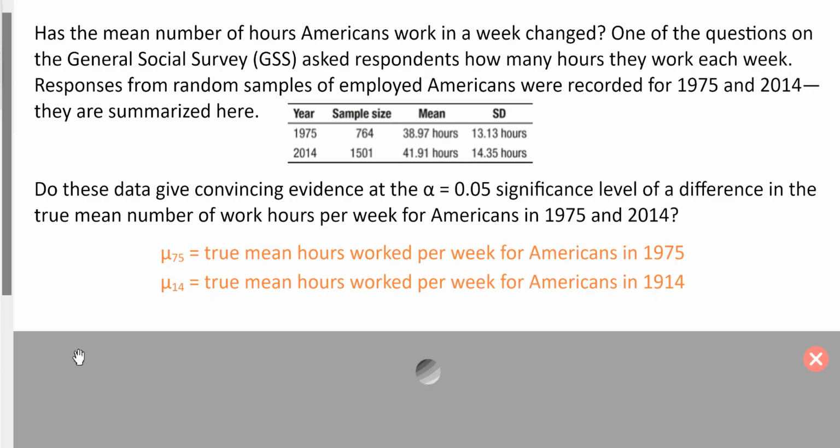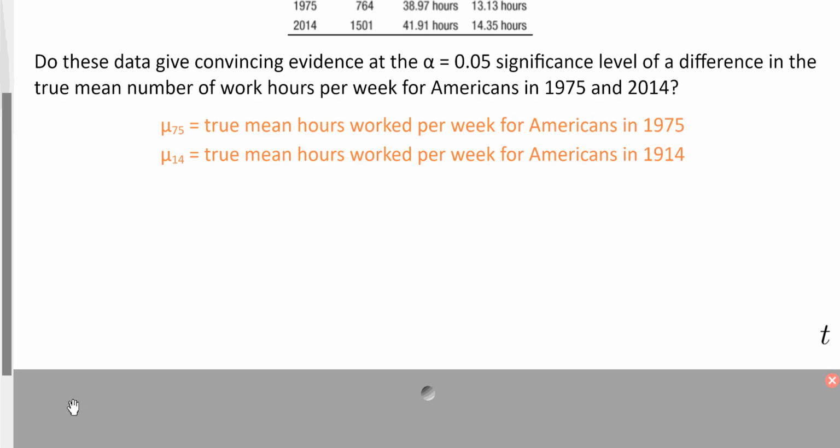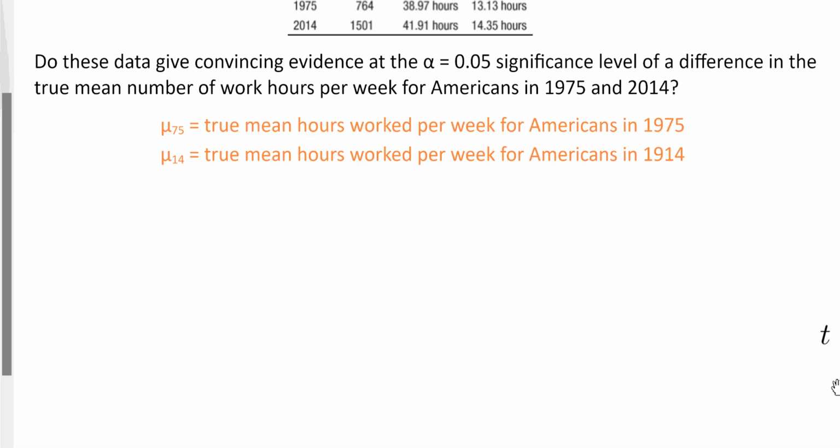We want to have two parameters. We're going to use mu sub 75. That's going to be the true mean hours worked per week for Americans in 1975. And then likewise, we're going to do it for 2014. Okay? Continuing on, we need to have some hypotheses based off of this situation, right? We need to make a hypothesis and test a hypothesis.